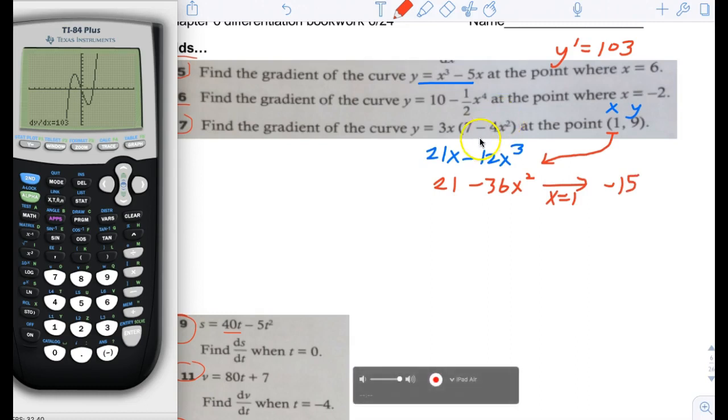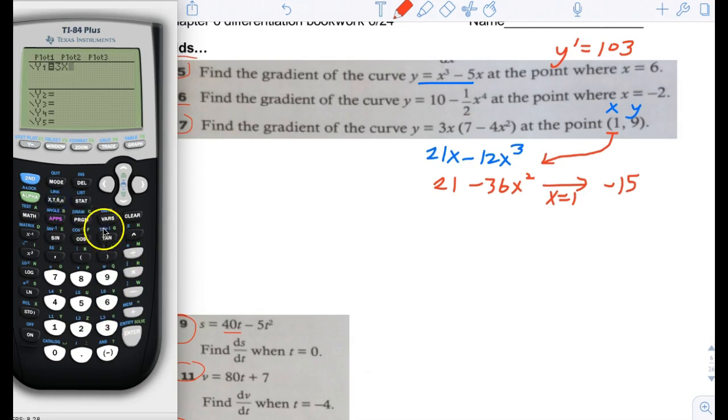Now, see, the advantage with the calculator is if I put this as is without simplifying it, it'll still work. 3x times (7 minus 4x squared). Okay, and then I'm going to graph it.